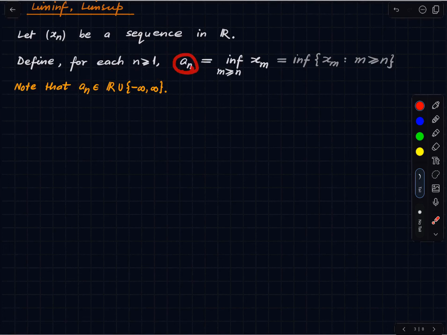So this is a sequence here, and note that it is monotonically increasing. So this is very simple. Note that this sequence is monotonically increasing.